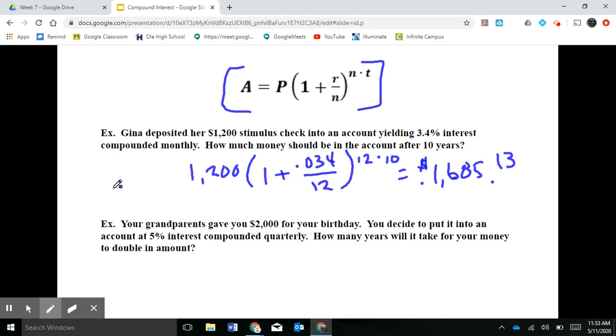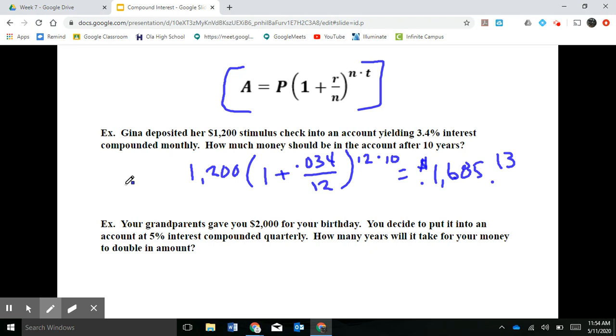Make sure you're getting the same answer I'm getting. But if you don't have a calculator that does the order of operations for you, you're going to have to do the parentheses first, then raise it to the exponent, and then multiply it by the 1,200.